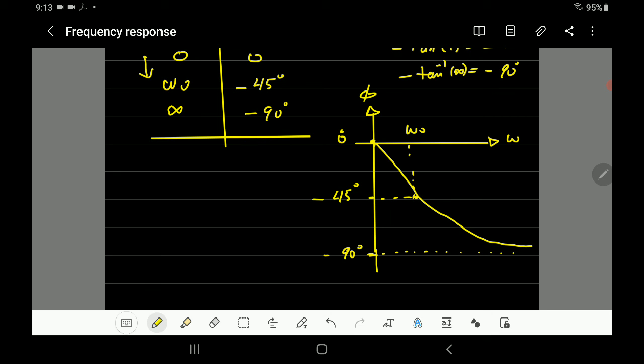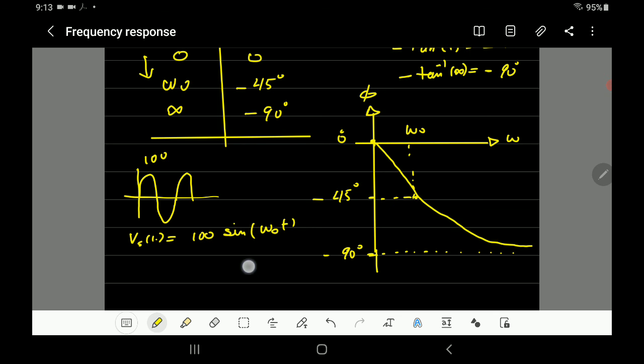Let's say at omega naught, you have a sine wave as input, and the magnitude is equal to 100, starting from 0, so the equation will be Vs of t is equal to 100 sine omega naught t.